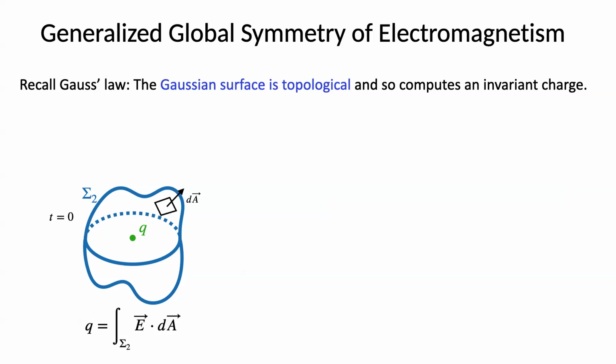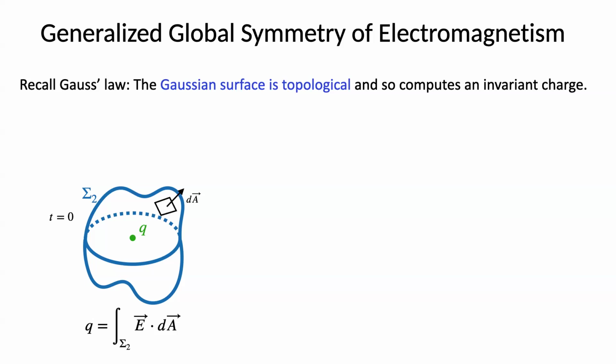It doesn't matter what size or shape you make the surface, and so it must compute some sort of invariant charge, a topological invariant. That's what you learned in Gauss's law. But you might have always been a little bit confused about exactly what sort of charge you're computing here. The notion of a global charge that you learn about in quantum field theory is a Noether charge. But a Noether charge instructs you to integrate over all of space at a given time, a three-dimensional manifold.